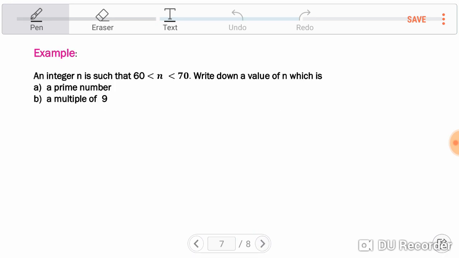Now the example. An integer n is such that 60 is less than n, less than 70.